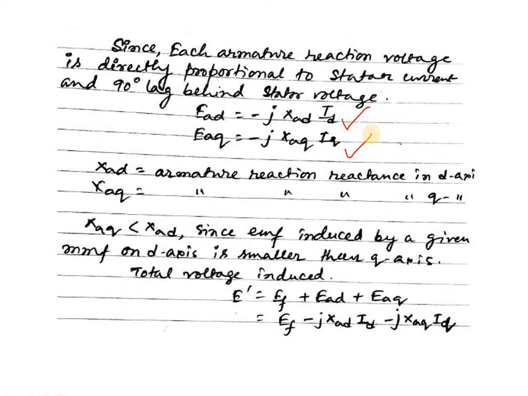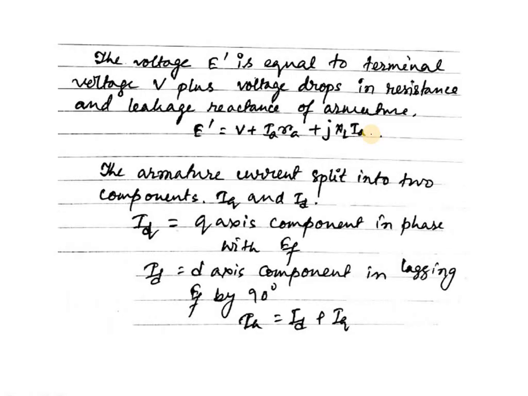The total voltage induced will be EF plus EAD plus EAQ. So we can also write it by putting the value of EAD, that is minus jXAD ID, and the value of EAQ, that is minus jXAQ IQ, and we will get the value of the total voltage induced.